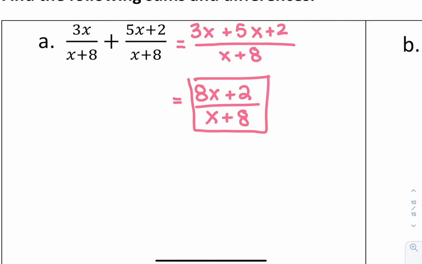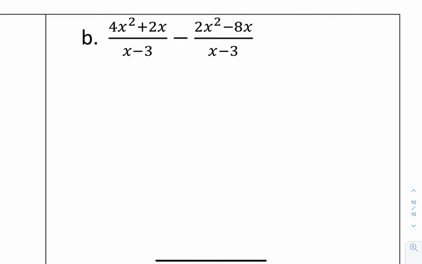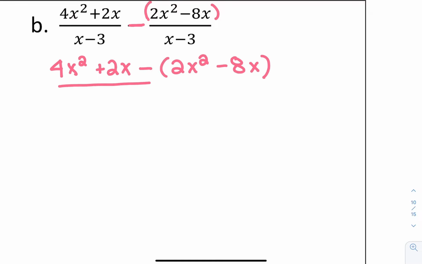Let's try another one. In this second problem, we look at the denominators first. They're the same, so I can combine, but I just have to be really careful because there's a minus sign, so I'm going to put parentheses around this. So I'm going to write this as 4x squared plus 2x minus 2x squared minus 8x all over the same denominator as x minus 3.